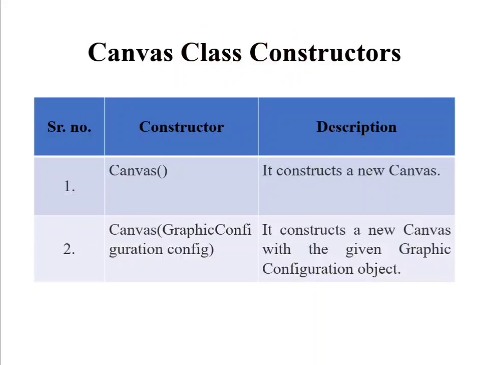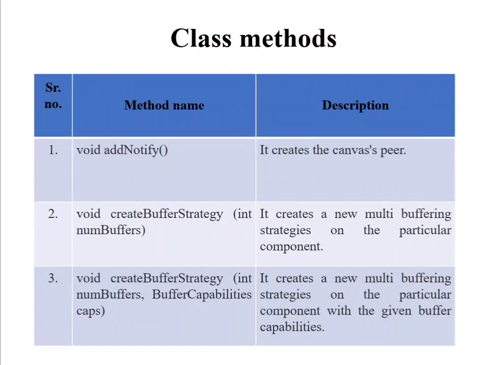Then AccessibleContext getAccessibleContext(), which gets the accessible context related to the canvas. Next is BufferStrategy getBufferStrategy(), which returns the buffer strategy used by the particular component. Next is void paint(Graphics g), which paints the canvas with the given graphics object.